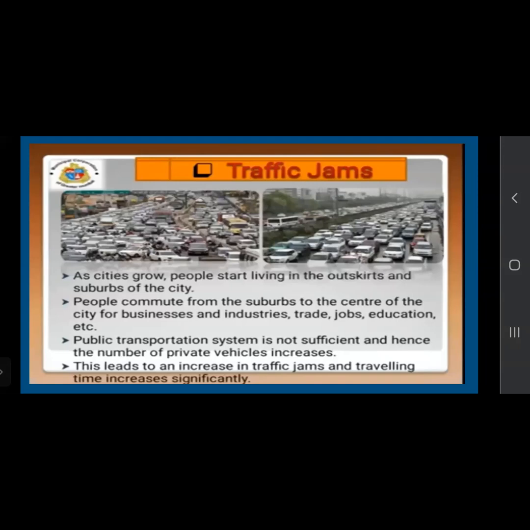People buy their own vehicles and prefer to travel by them. This leads to an increase in traffic jams, and traveling time increases significantly. Because of these private vehicles, there is a traffic jam, and the traveling time, which was previously shorter, is now increasing because of this traffic jam.